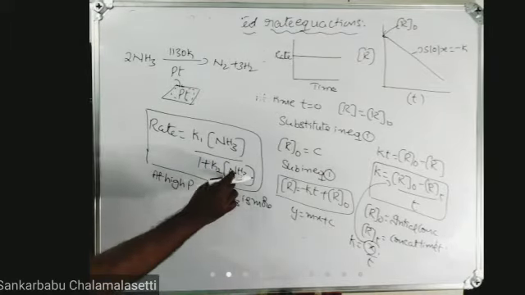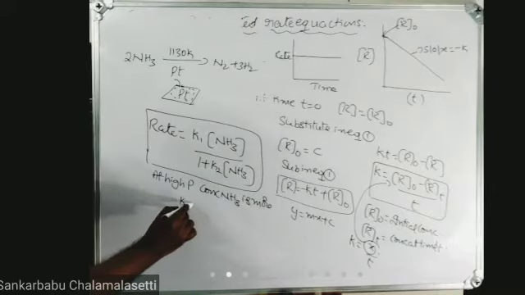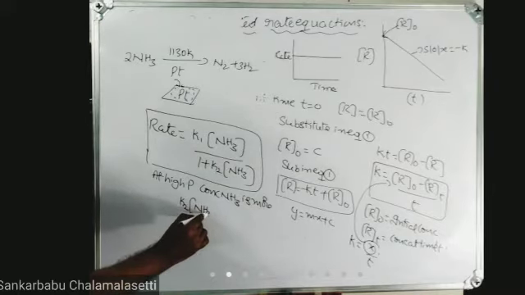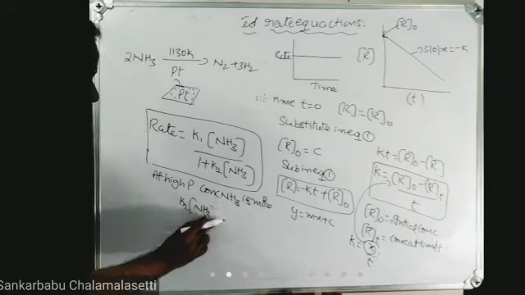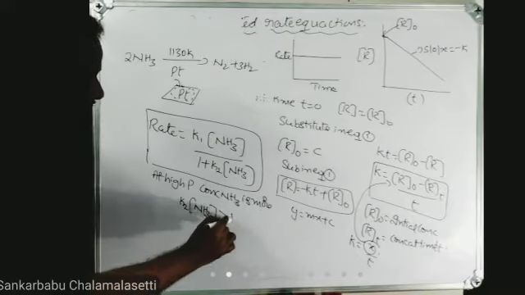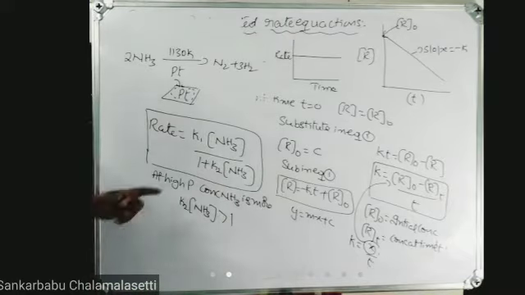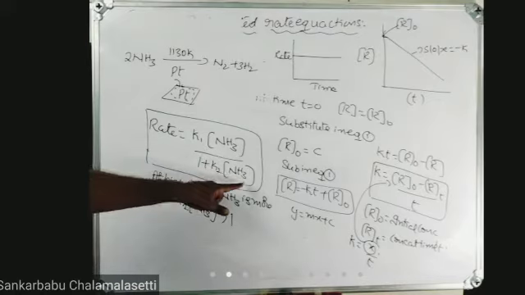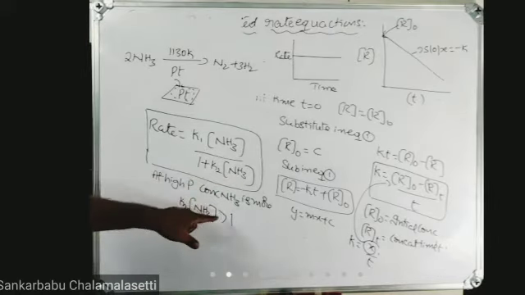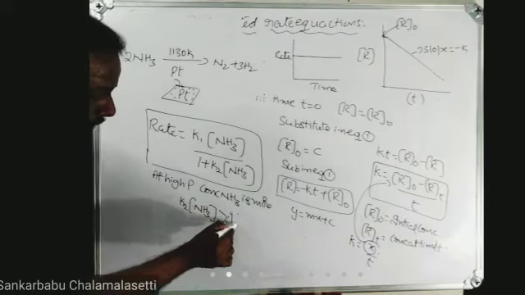When the concentration of ammonia is more, K2 into NH3 is greater than 1 in the denominator. K2 into NH3 is more than 1, then 1 can be neglected.